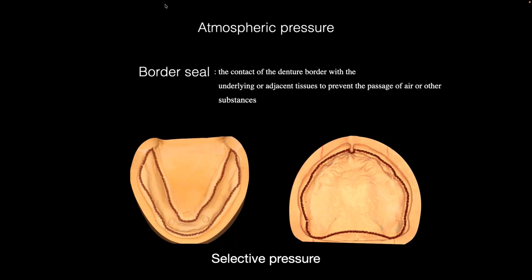At the borders, we have compressible mucosa. We need to capture that compressible mucosa and the anatomic elements around them, and then the denture will press on that compressible mucosa, and thus it will create proper border seal, and we have good retention. All right, and that's why we always call that type of impression selective pressure.